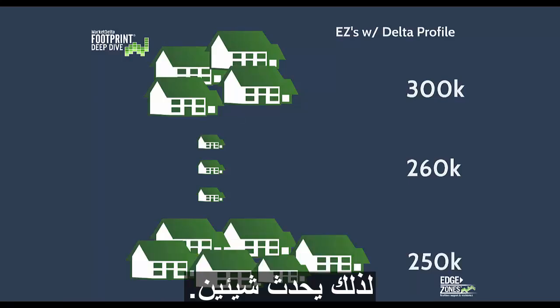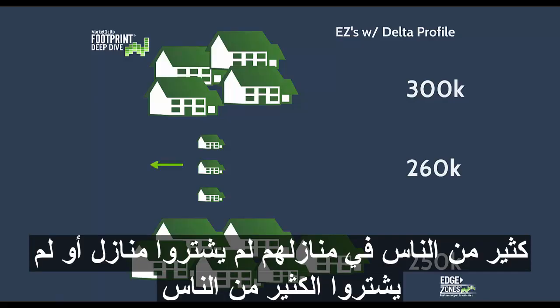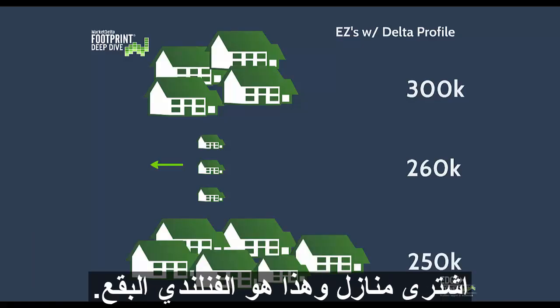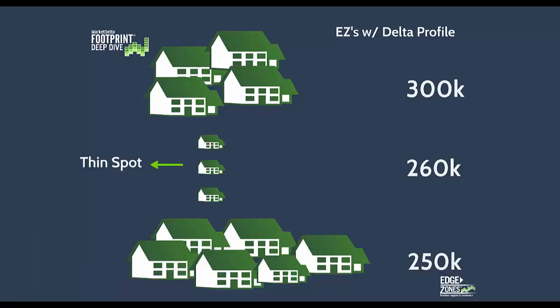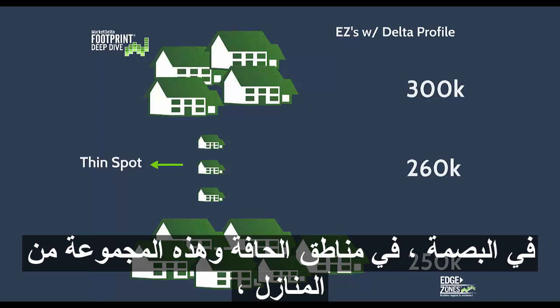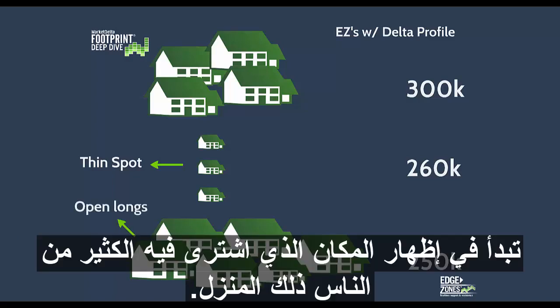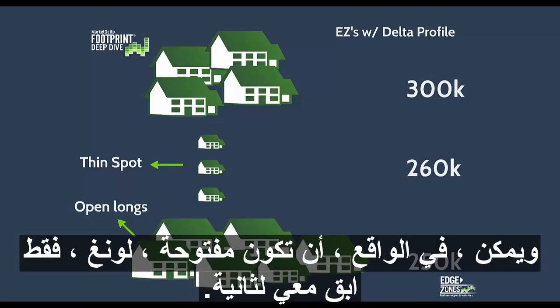So two things happened. A lot of people in there didn't buy houses, or not too many people bought houses, and this is thin spots in the footprint, in the edge zones. And this collection of houses starts to show where a lot of people bought that house and could, in fact, be open longs. Just stay with me for a second.